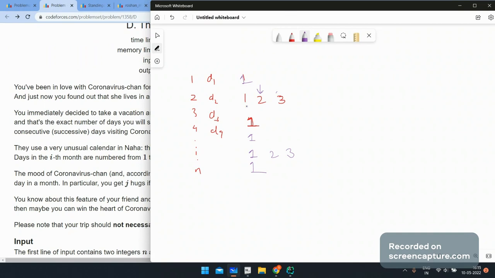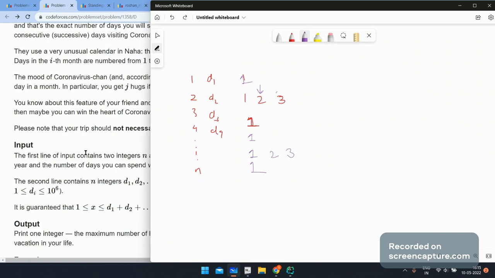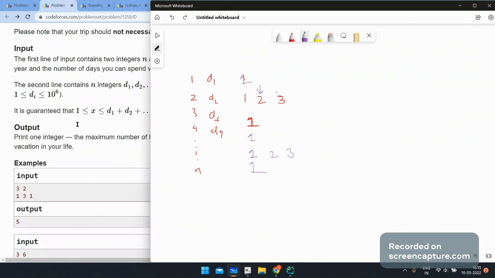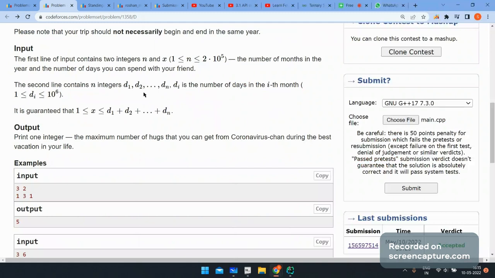So we'll choose the entire path. If we have the starting point, then we can definitely get the answer. But the number of starting points can be 10 to the power 5 times 10 to the power 6, which is very large.